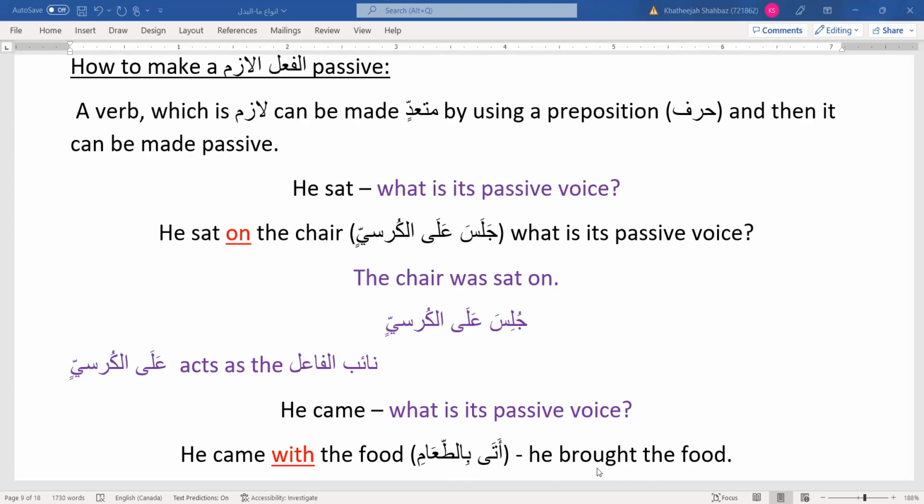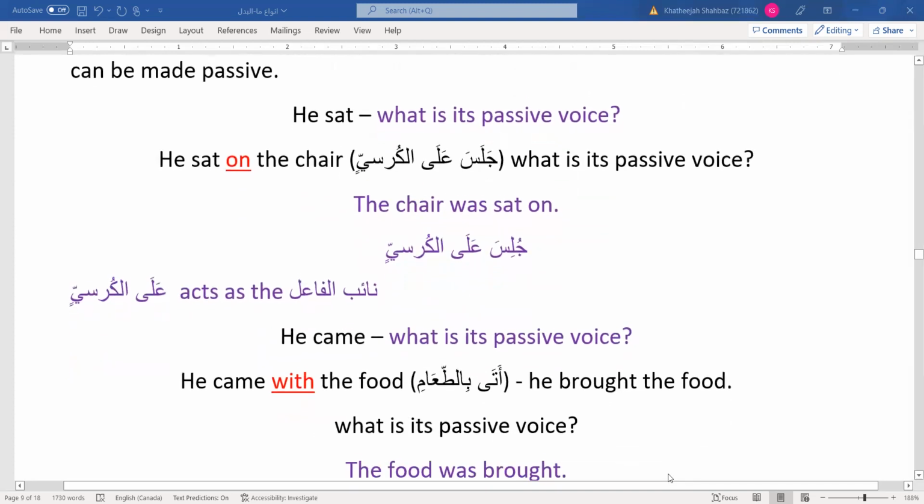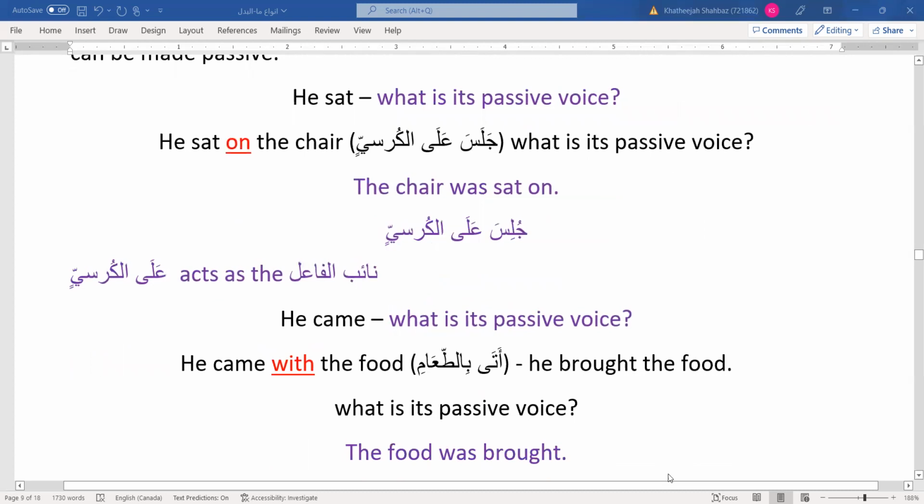First try in English. He brought the food. What will be the passive voice? The food was brought. See, now just by adding a harf to a fi'l lazim, we are able to make passive voice.